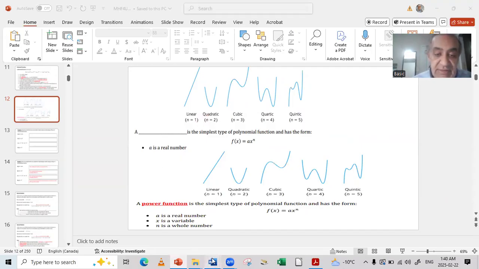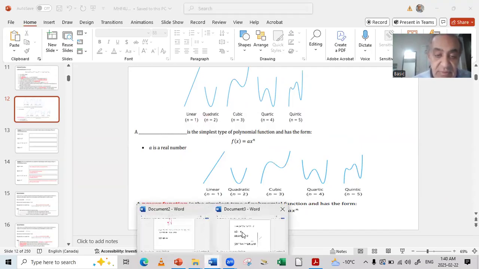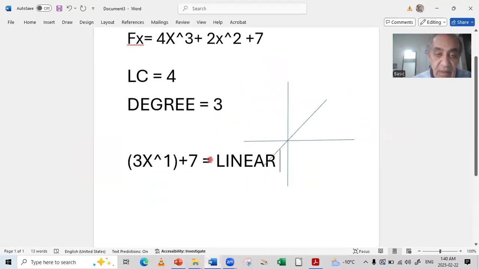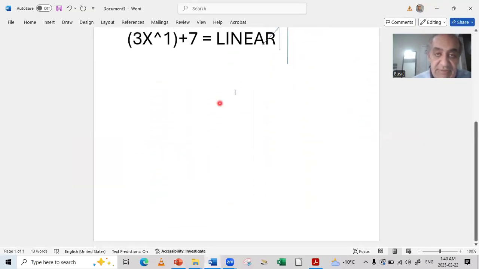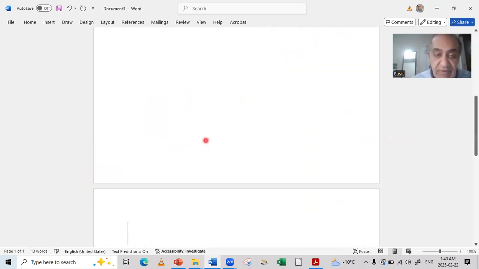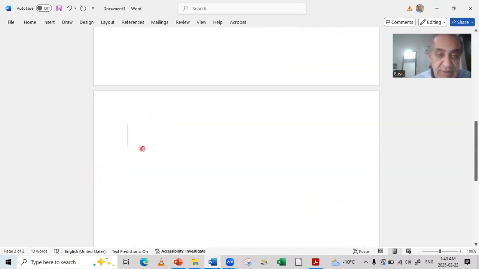So if I say like this, let's go for another graph. Let me say a function like this. I'll forget about this function and go to another function here. Okay, that's clear. Let me say 3x power 2.